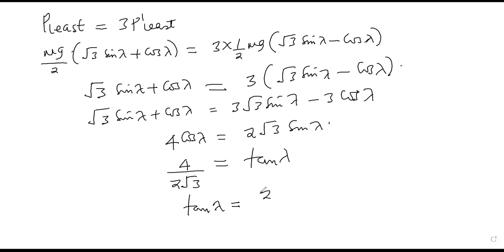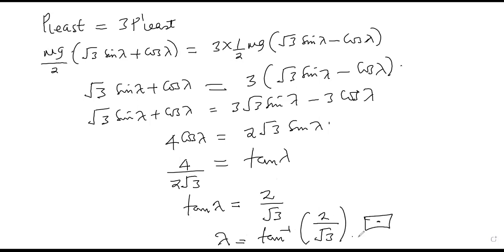So it will be 2 out of root 3, implying that our lambda is equal to tan inverse of 2 out of root 3. And that is as it was required.